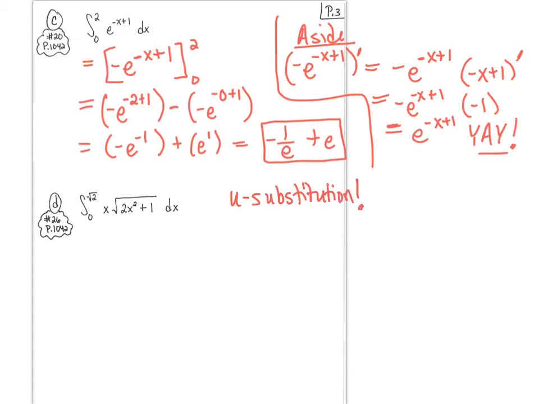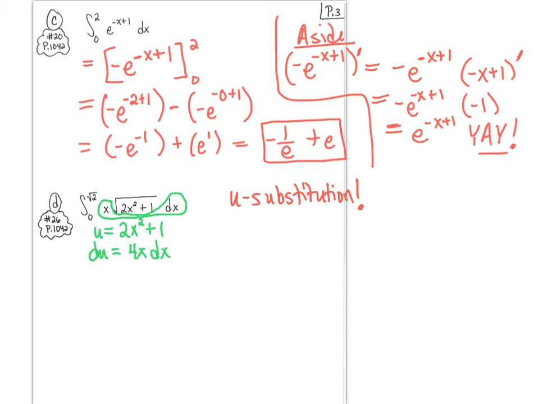Okay, so we're going to let u be equal to 2x squared plus 1, and then du is equal to 4x dx. And we don't see a 4, but we do see an x dx there.